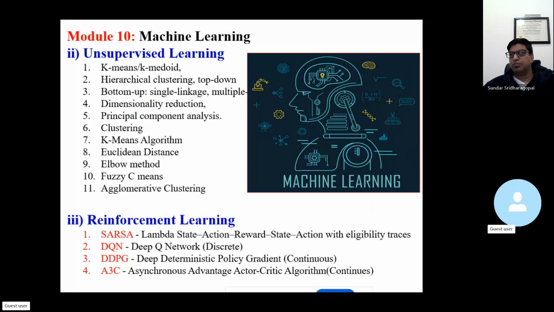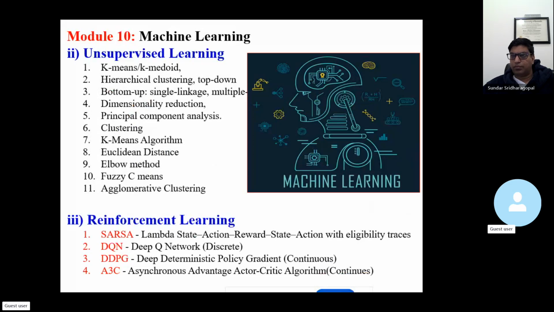If you are having 2 points like x1, y1 and x2, y2, the distance between 2 points, how do we calculate by using Euclidean distance? The formula is square root of (x1 minus x2) whole square plus (y1 minus y2) whole square. That is the formula we are using. Similarity measure distance we are calculating between 2 points. That concept we are using in clustering.